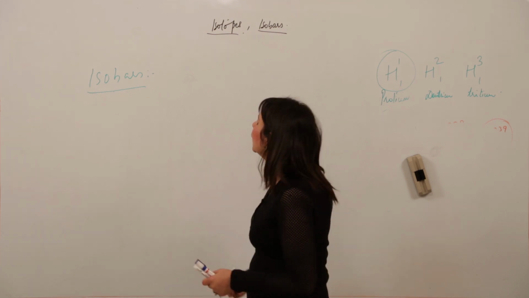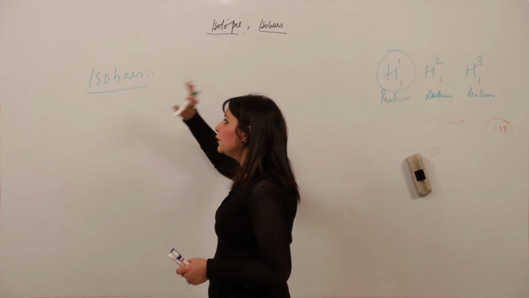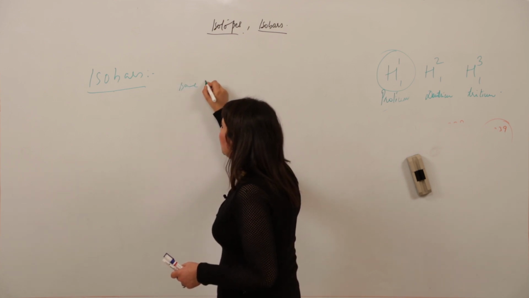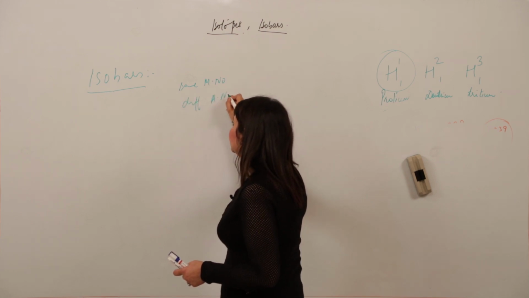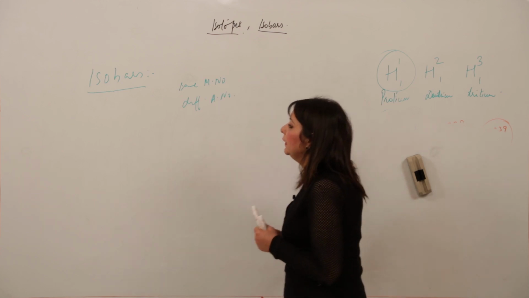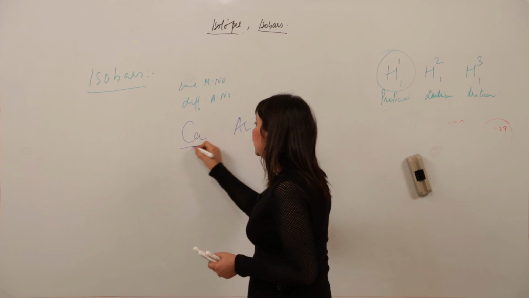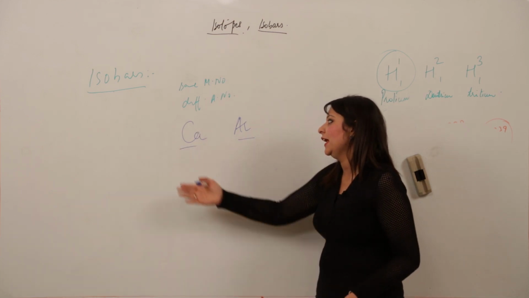So look at the board, I am going to explain. Isobars are the atoms of different elements that have the same mass number but different atomic number. For example, we have calcium and argon. By looking at the symbols only, you can say that this is calcium, this is argon.